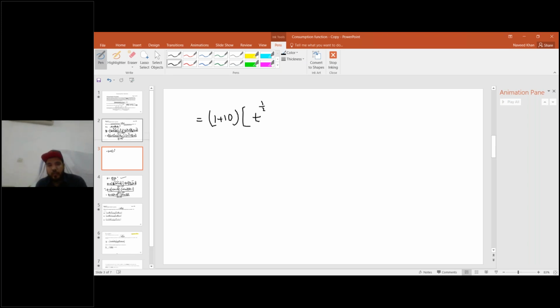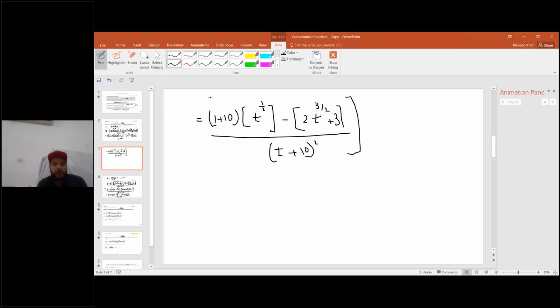So here we have I plus 10 times 3 I power 1 by 2, minus 2 into I power 3 by 2 plus 3, and the second factor is only 1, divided by I plus 10 whole power 2, and here we have 5.